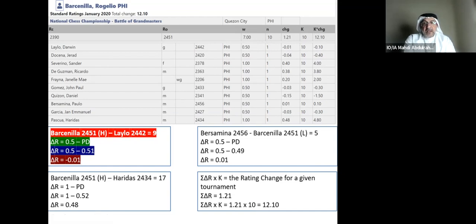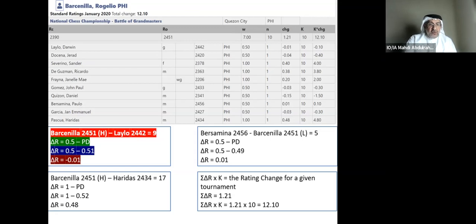Okay, then we go with the other one. For example, we go for Haridas. He played with Haridas, the last one, and he won. Whose rating is higher?